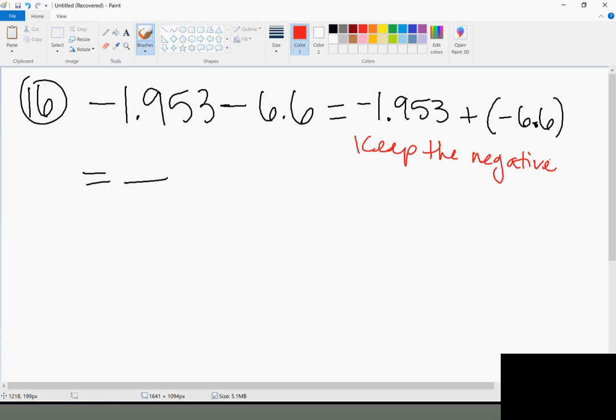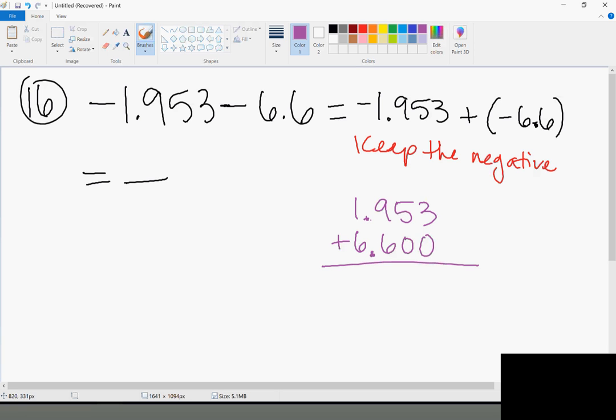And then we're going to add 1.953 to 6.6. So I'm going to do that on the side here. 1.953 plus 6.6. When you're adding decimals, you want to line up the decimal points. And I like to put zeros because I'm kind of messy, so I need to put placeholders in there because I'll get lost in my handwriting.